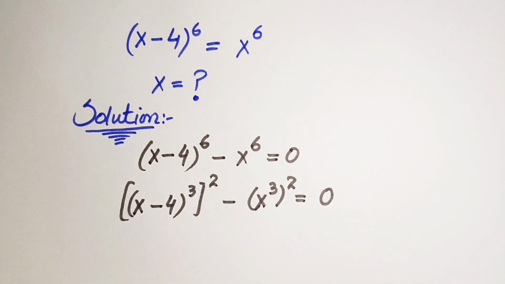Now we see that it is a nice algebraic formula, a squared minus b squared.